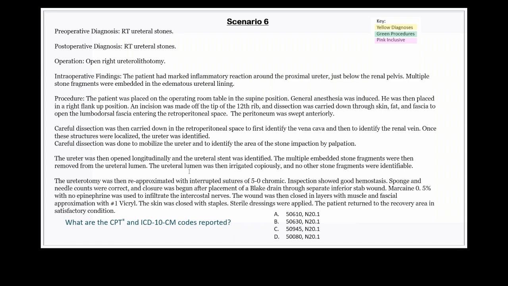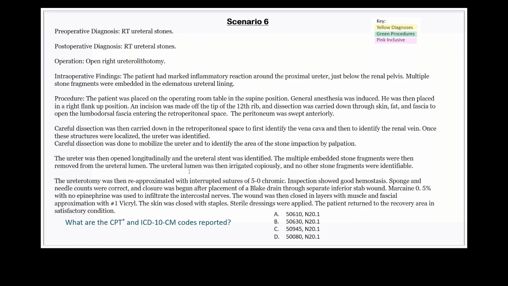Procedure. The patient was placed on the operating room table in the supine position. General anesthesia was induced. He was then placed in a right flank up position. An incision was made off the tip of the 12th rib and dissection was carried down through the skin, fat, and fascia to open the lumbodorsal fascia, entering the retroperitoneal space.